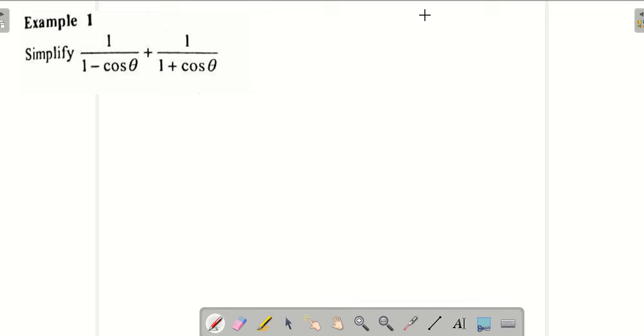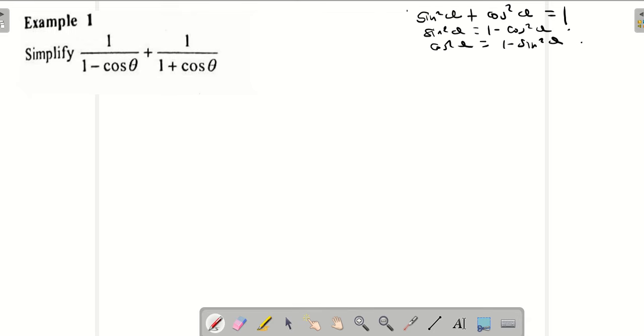Your basic identity is that sine squared theta plus cos squared theta is equal to 1. And we can also get sine squared theta is equal to 1 minus cos squared theta, and cos squared theta is equal to 1 minus sine squared theta.